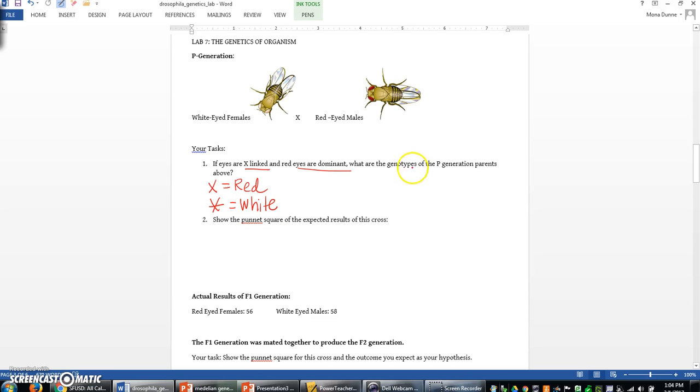Okay. And so let's see here. We got a white-eyed female, so she's going to be this, and a red-eyed male, so he must be this, right? All right, and go ahead and do the Punnett square here. Pause the video and do that Punnett square.